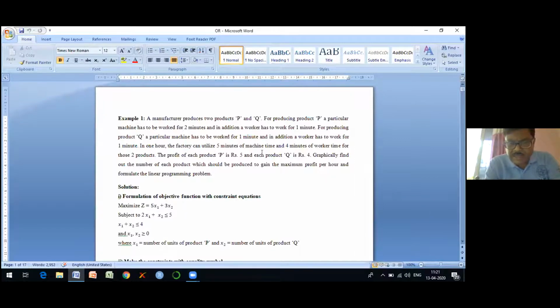On the other hand, the labor timing is also fixed, 4 minutes per hour. In 1 hour, the factory can utilize 5 minutes of machine time and 4 minutes of worker time for those two products. The profit of each product is 5 and each product is ₹4.